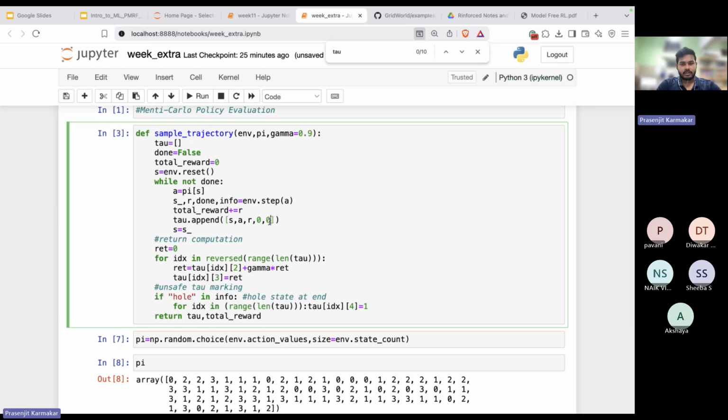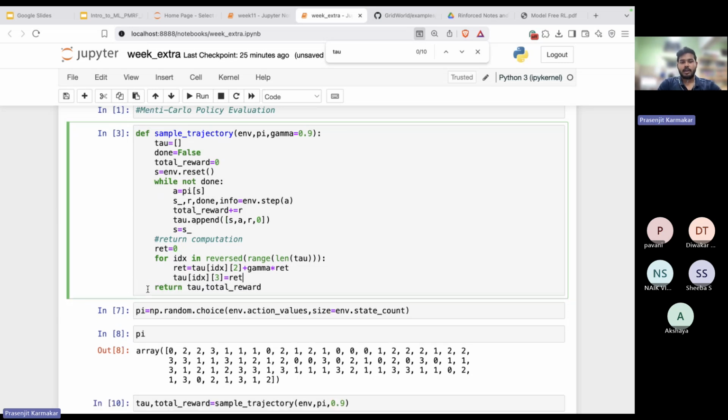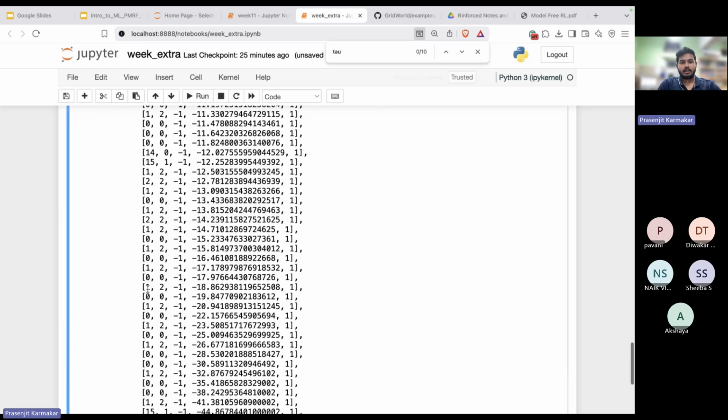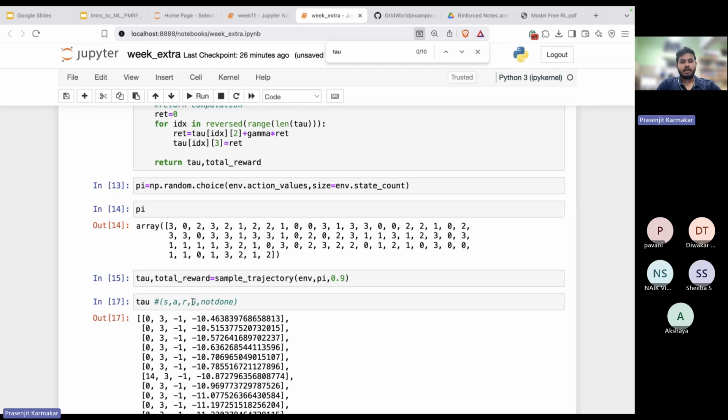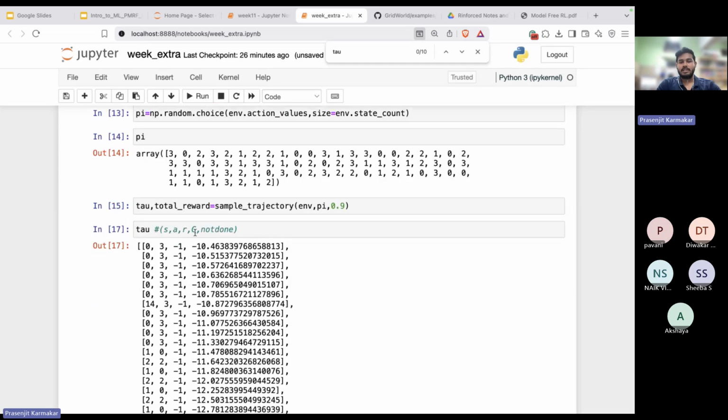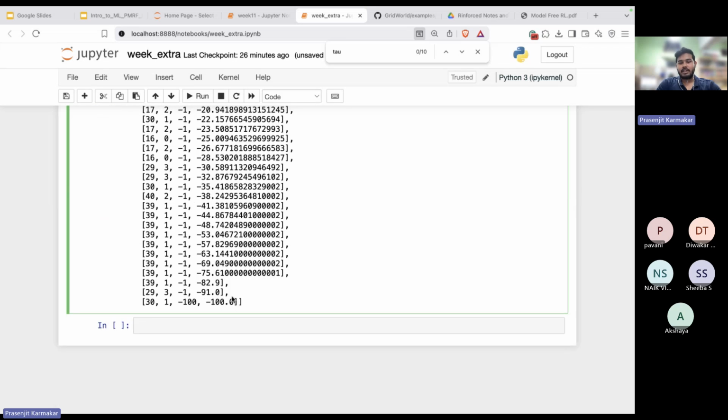Let's just modify our code. The last one is unsafe, so I will just remove that part and also remove the marking unsafe part. Now we have only S, A, R, and G, and not done. So that means this entire trajectory ended when it reached the end. At the end, it has a -1 reward, so that means -1 return. That means it fell into a spike or something.